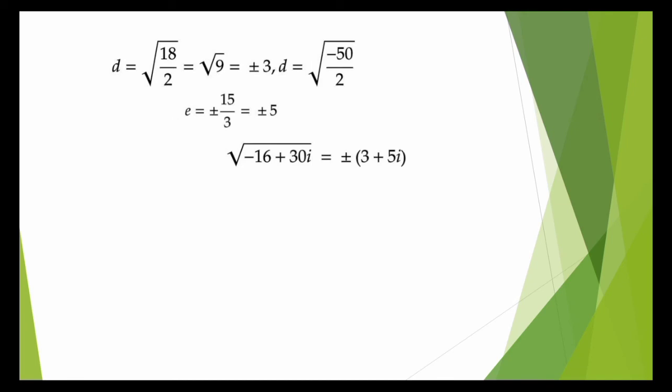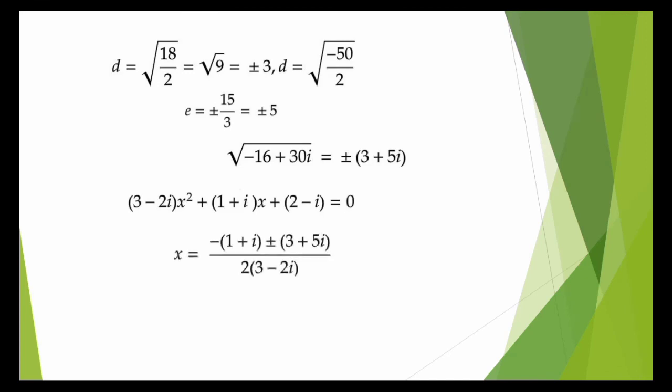Now we are ready to apply the quadratic formula once again to our original equation. So this is our original equation, and I'm going to apply it to find the value of x, which equals minus (1 plus i) plus or minus, in place of the root of the discriminant, the value 3 plus 5i, divided by 2 multiplied by (3 minus 2i).